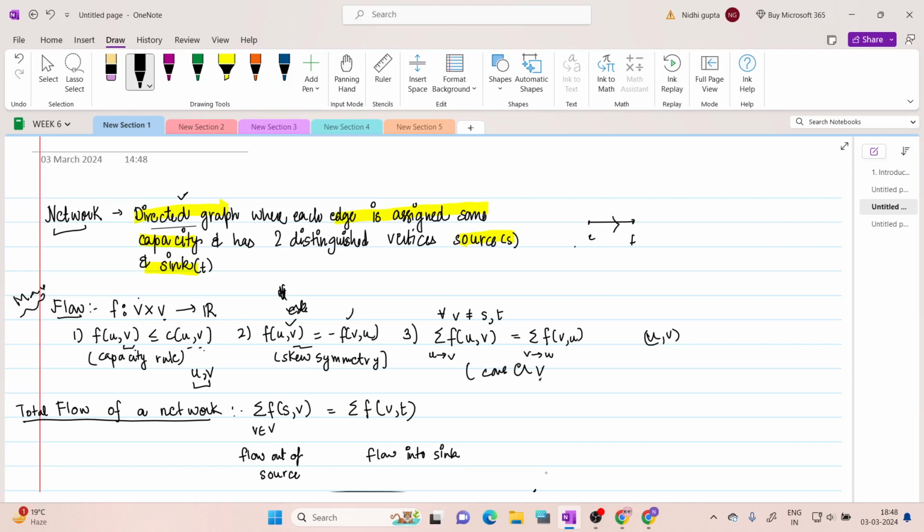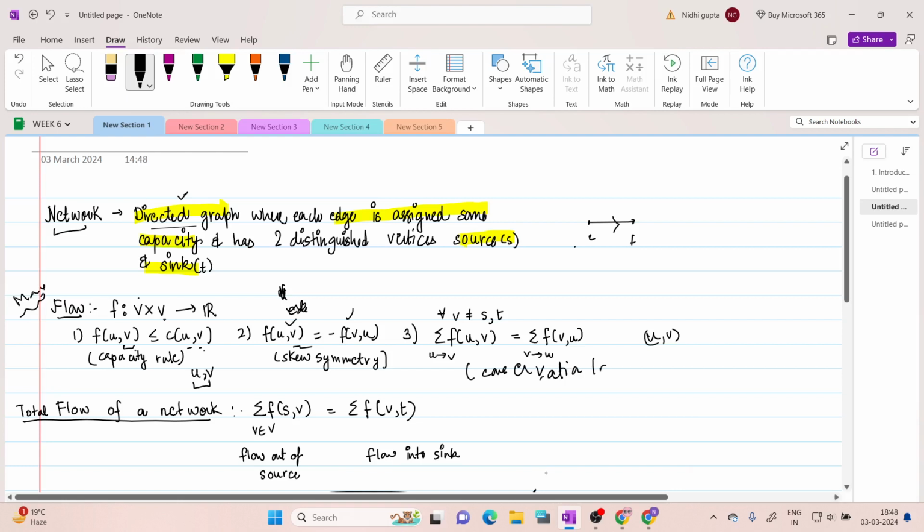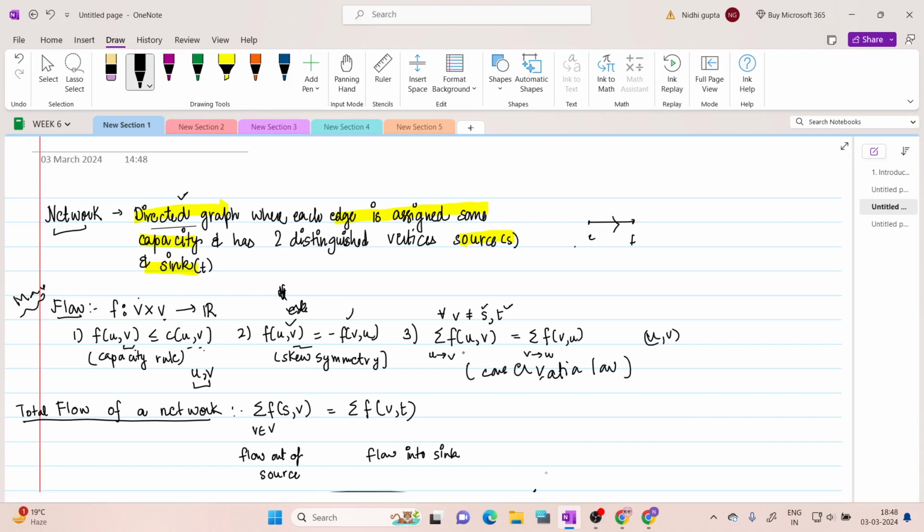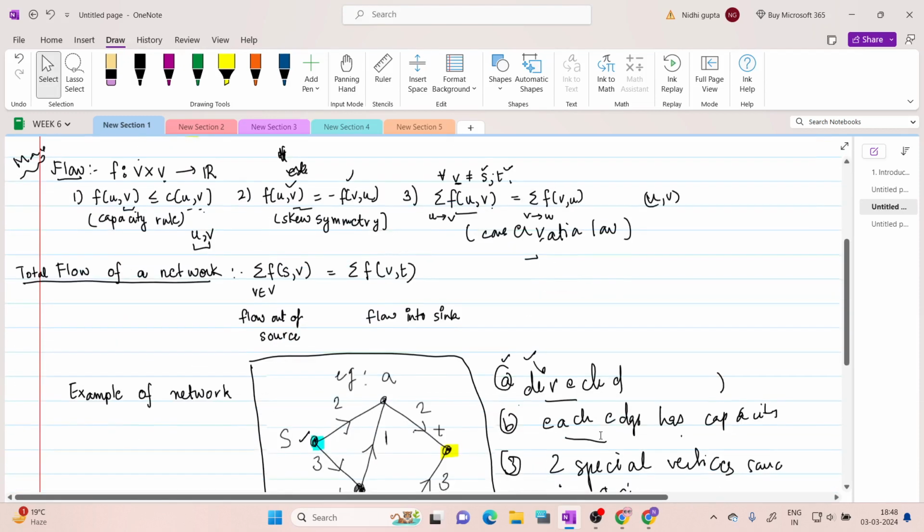If we pick any vertex V which is neither a source vertex nor a sink vertex, then the flow coming into V should be equal to the flow going out of V. That is, we look at all the edges coming into V and add their flows, and similarly for going out. So this is the conservation law. Let's understand this with an example.